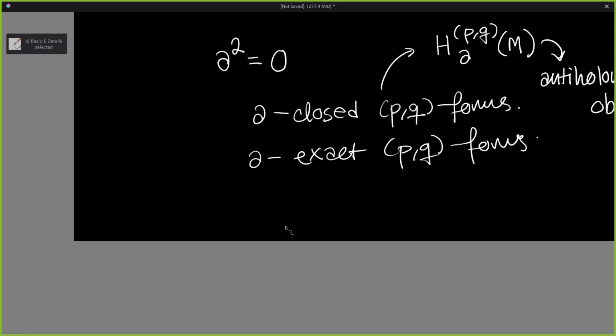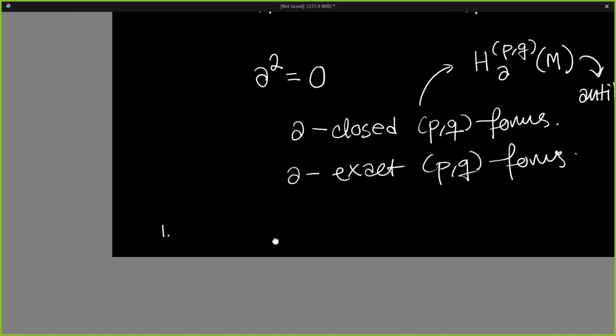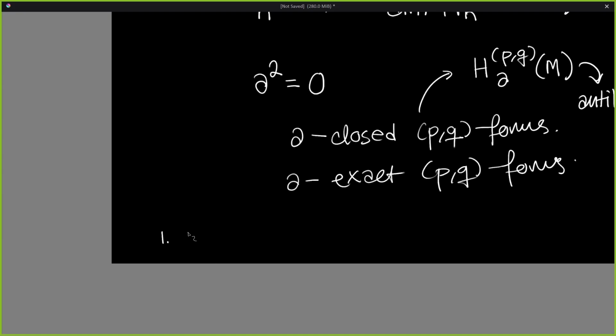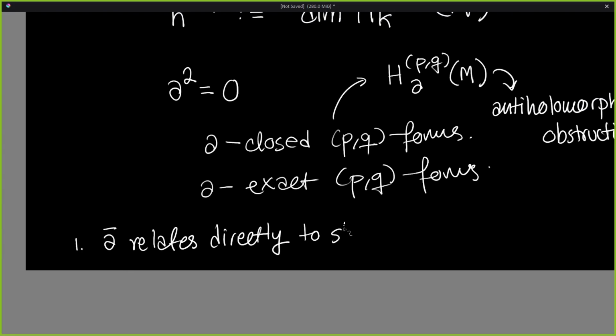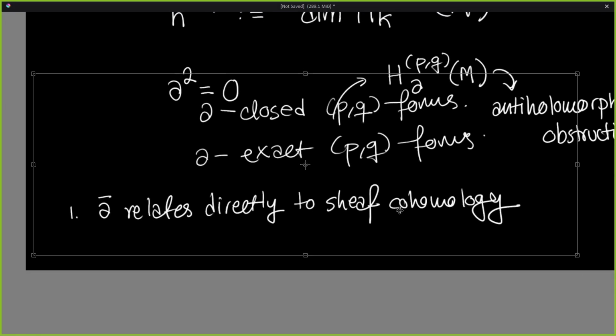And the reason we focus on the partial bar, one, is because the partial bar relates directly to our next topic, sheaf cohomology. We're not going to get into the details of sheaf cohomology, but it's such a fundamental result that it's called Dolbeault's theorem, so it's pretty important.